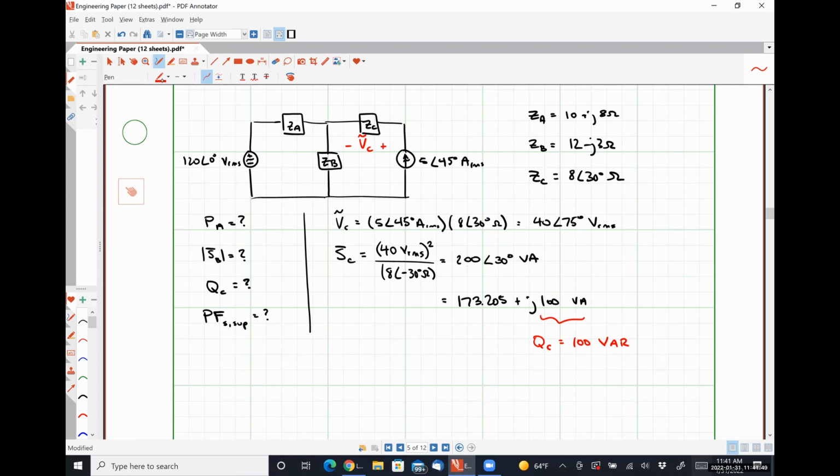So let's do that in blue. So I'm effectively calling this node ground, although I don't particularly need to. And I'm going to call this RMS phasor voltage VB.